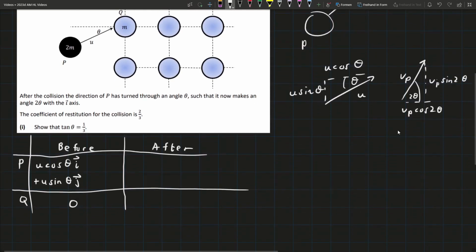We're going to write sin 2 theta and cos 2 theta just in terms of cos theta and sin theta by using the double angle formulae. The reason being, we're looking for tan theta. So if we have sin 2 theta and cos 2 theta, that's going to make it a bit harder to find tan theta unless they magically cancelled out, but they probably won't. We want to be able to maneuver this cos 2 theta and use it with the cos theta. So we're going to be breaking these down using the double angle formulae.